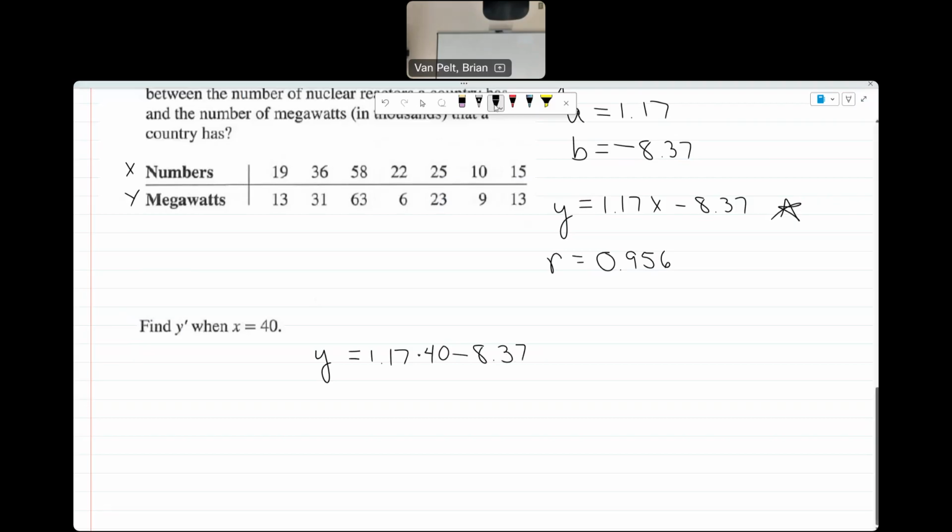So it should look something like this if you plug it in and evaluate it. I had 38.43. So those two, the first and the last one, I hope are really easy. Like I said, this problem is worth 15 points. You'll be expected to give me the equation, the R value, and a prediction.